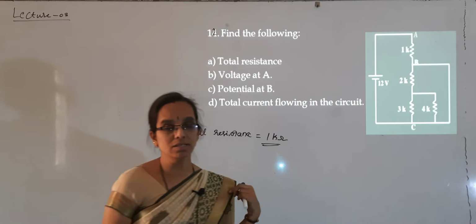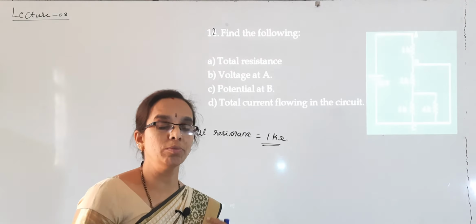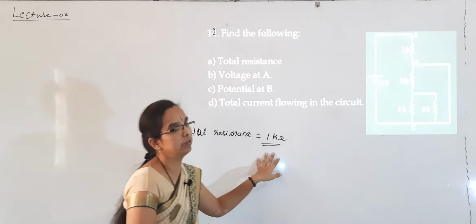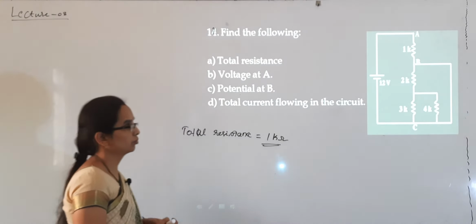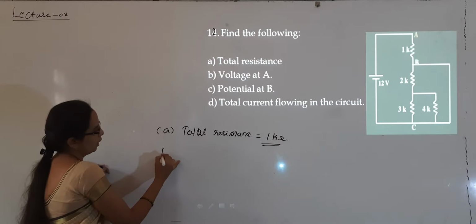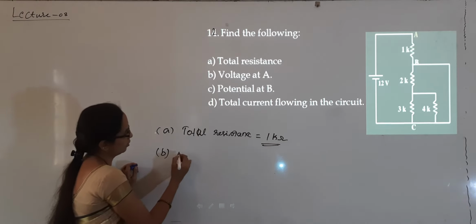Short circuit resistance is 0 ohm. Therefore, anything parallel to 0 ohm in the sense 0 only. So, obviously total resistance of this circuit will be 1 kilo ohm. Okay. That is A. In B, voltage at A.